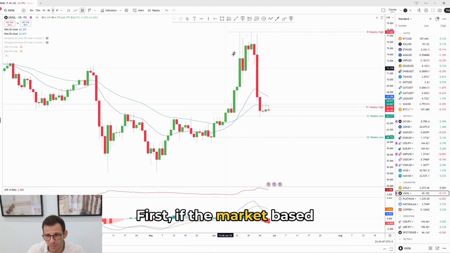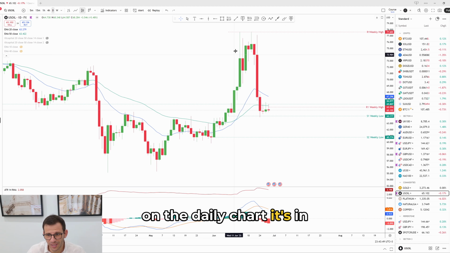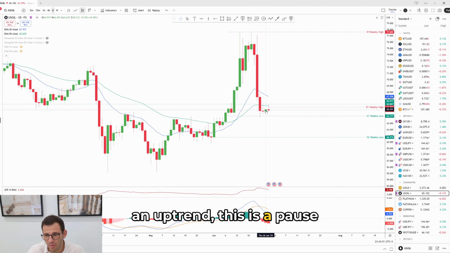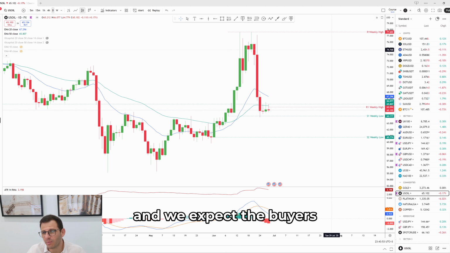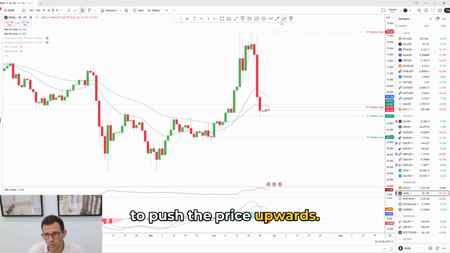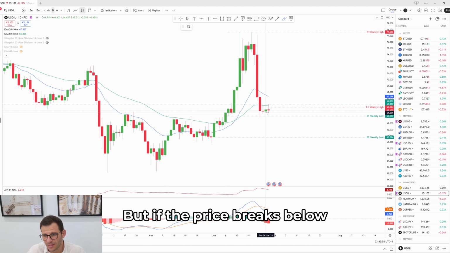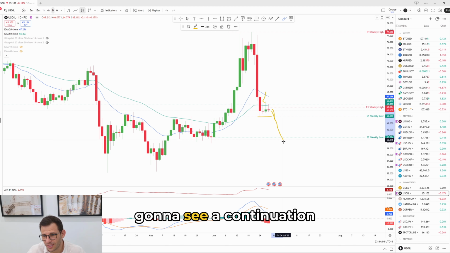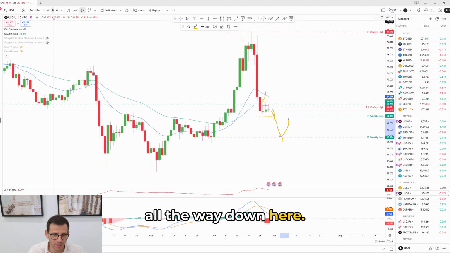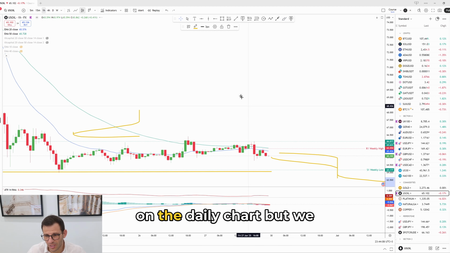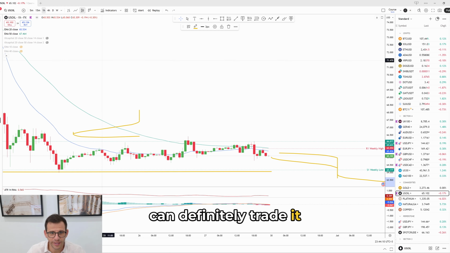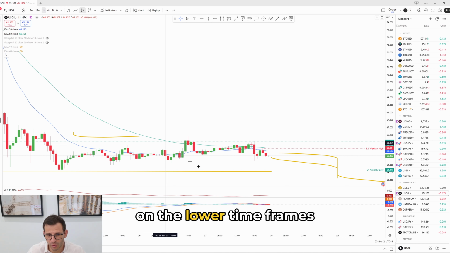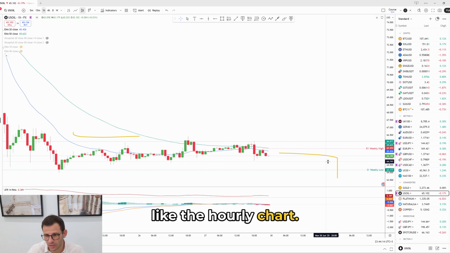First, if the market based on the daily chart is in an uptrend, this is a pause and we expect the buyers to push the price upwards. But if the price breaks below last Tuesday's low, we're going to see a continuation all the way down here. So we don't need to trade it on the daily chart, but we can definitely trade it on the lower time frames like the hourly chart.